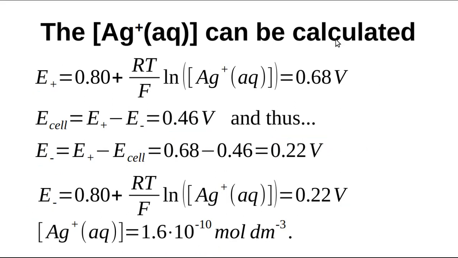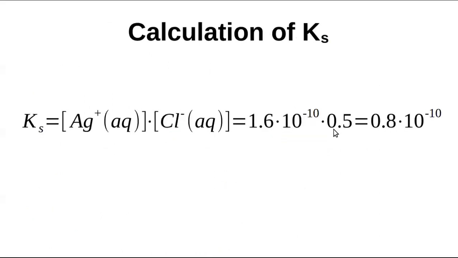And this is nearly everything that we need for the calculation of a solubility product, since the silver ions are determined from the electric measurements. The chloride ions, here I estimate, since I'm mixing 1 mole per cubic decimeter solution, and maybe the volume increased by a factor of 2 or something like that. So I estimate the chloride ions to be approximately 0.5.